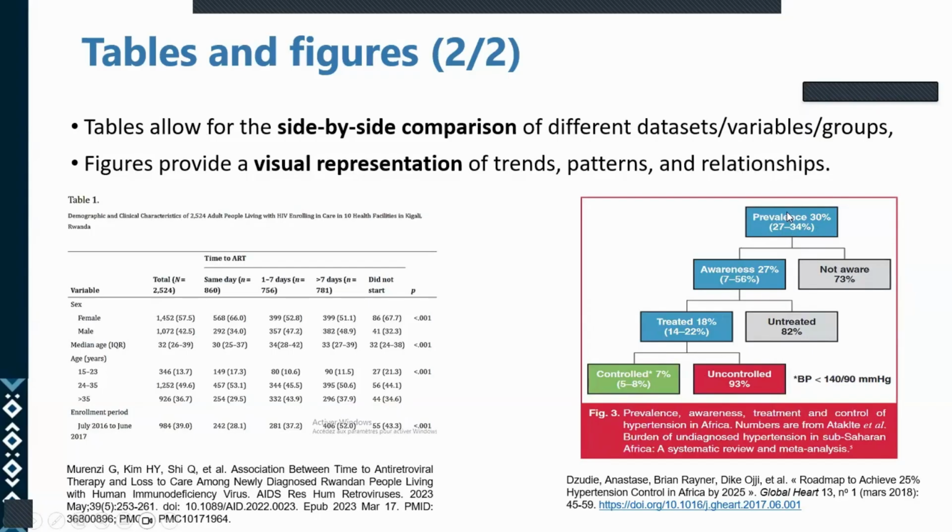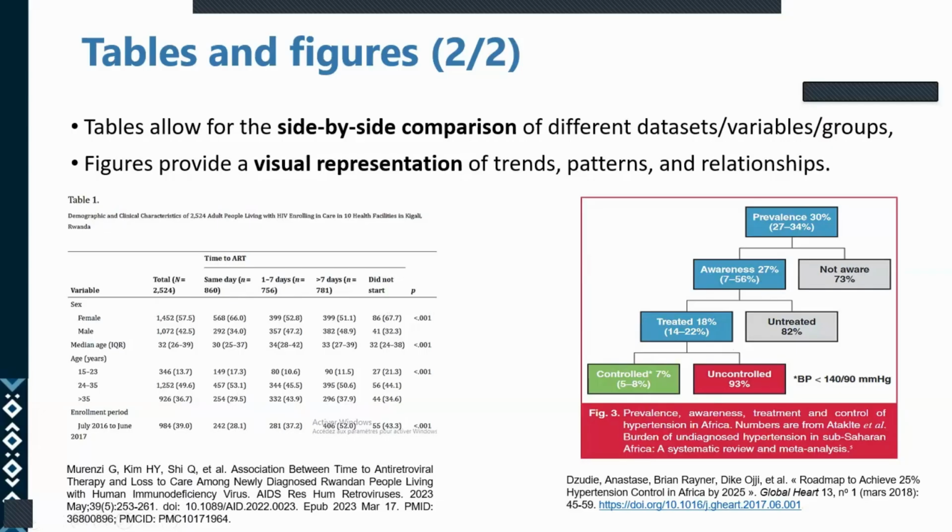This figure in your results section will already help us understand how you went from 30% to 7. So this is really the side-by-side comparison and the visual representation made by tables and figures.